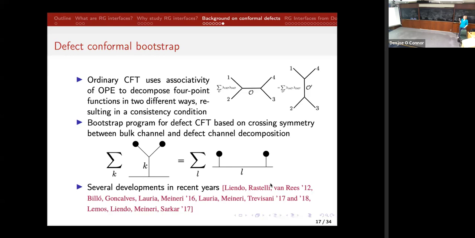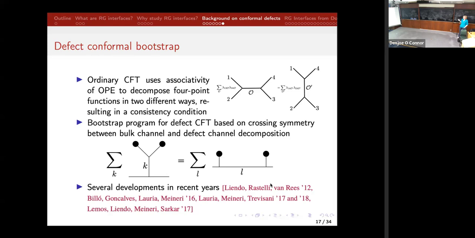But basically there have been several developments in recent years regarding this defect conformal bootstrap. I should have updated those references more, because people have definitely done work past 2017.